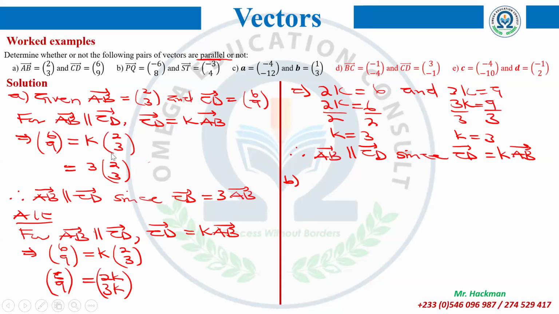Let's say maybe this 2 is negative and this 3 is negative. Doesn't mean they are not parallel.